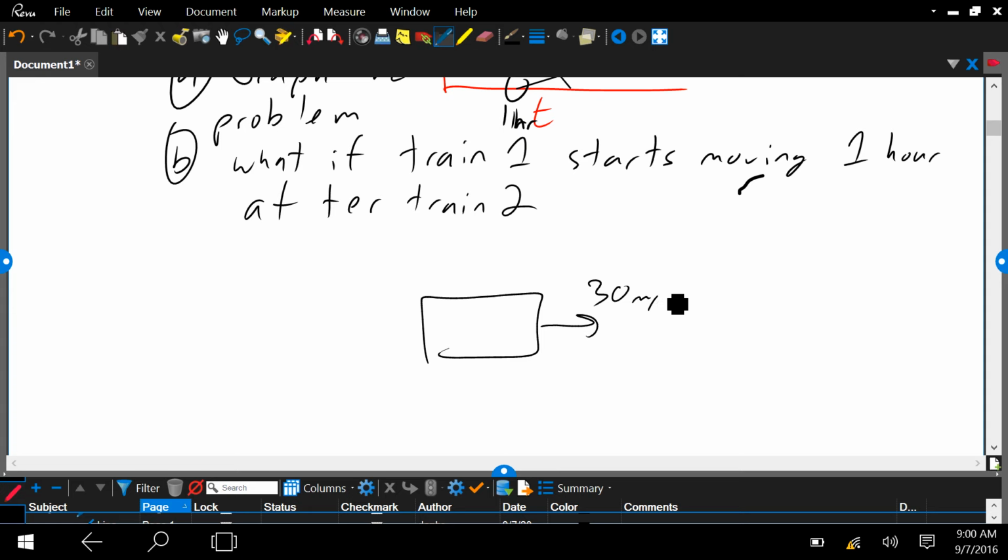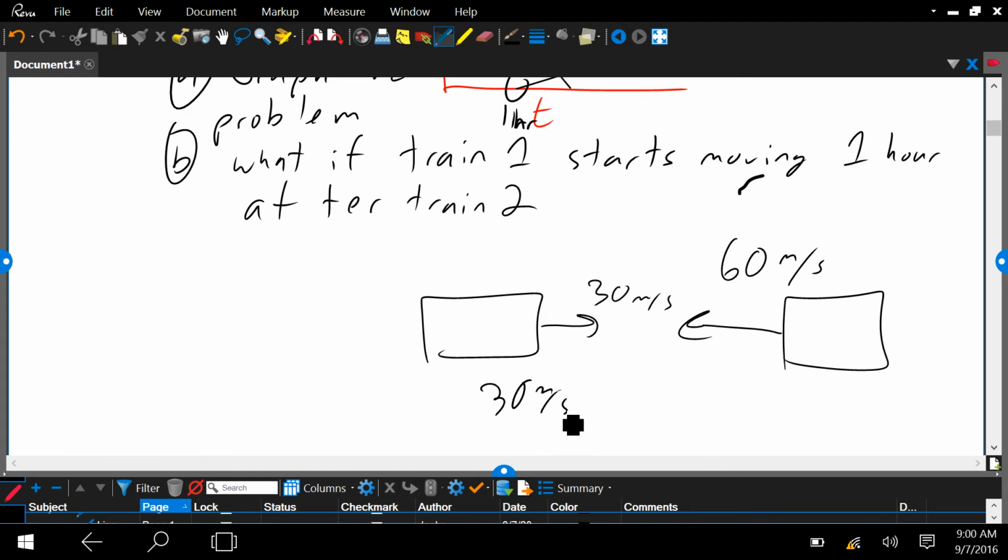This one's 30 meters per second to the right, and this one we said was 60 meters per second to the left, which could also be seen as a negative 60. So if you do 30 meters per second minus 30 meters per second, obviously you get 0. Over here for the other one, you get minus 60 meters per second. The minus is because it's going left. Minus 30 more, and you get minus 90.